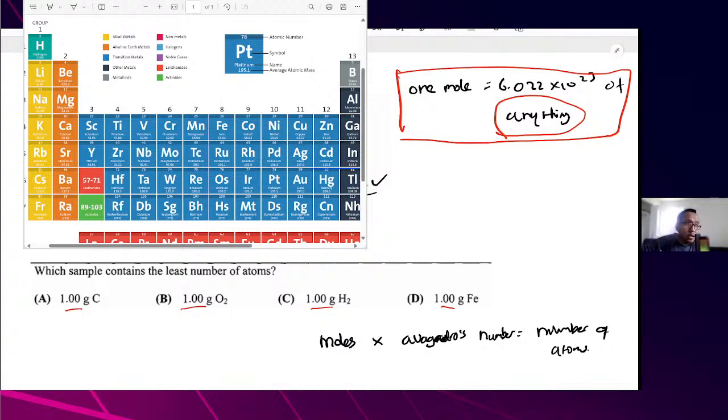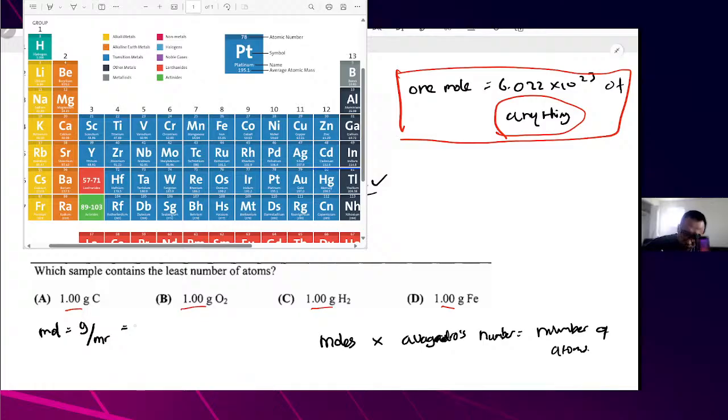For this one, the molar mass is 12. Oh sorry, wait. We know the question, the mole. How to get the mole is grams per molar mass, which you can see from the atomic number.